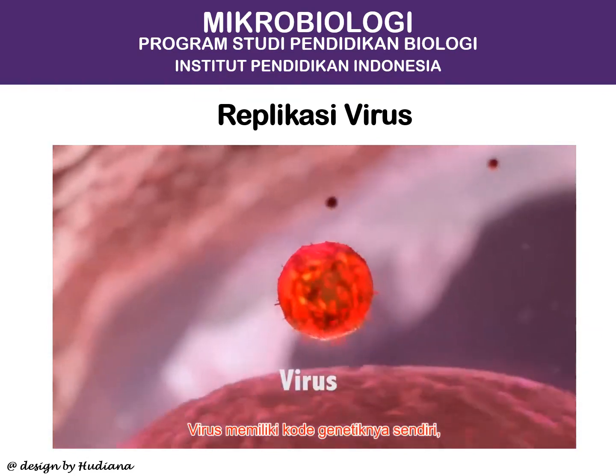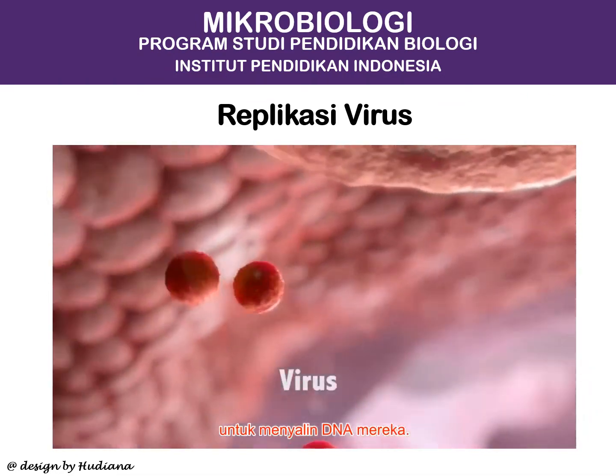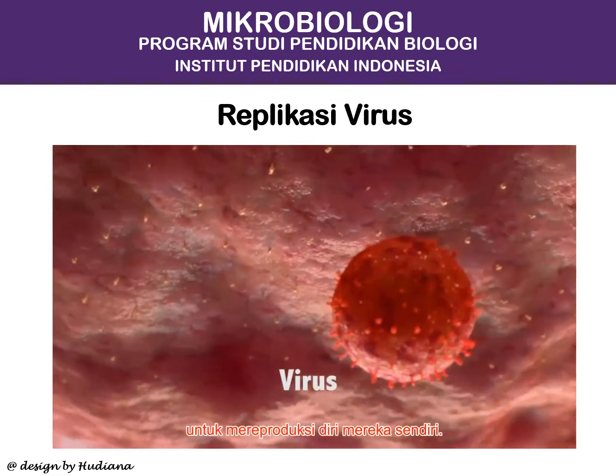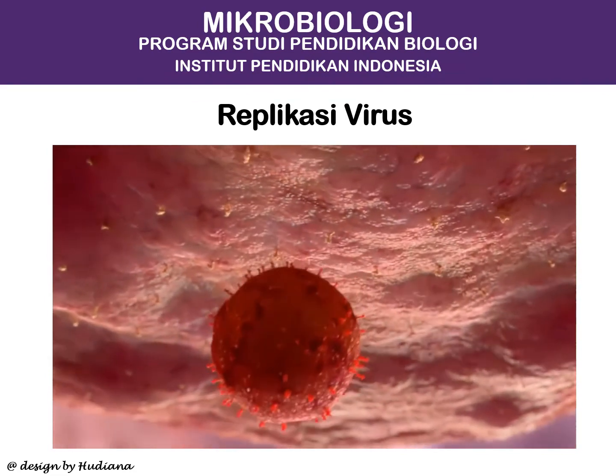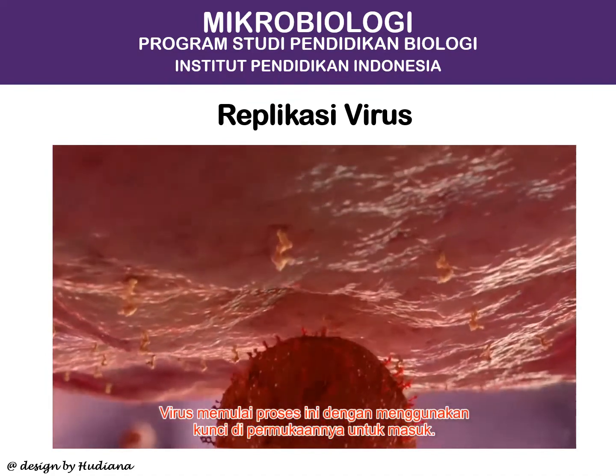Viruses have their own genetic code, but they don't have the machinery to copy their DNA. So viruses need your cell's machinery to reproduce themselves. A virus starts this process by using the keys on its surface to gain entry.